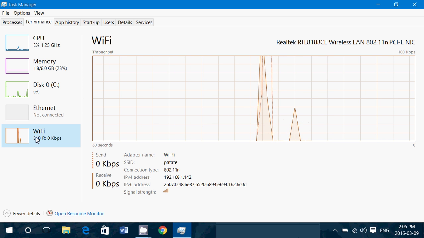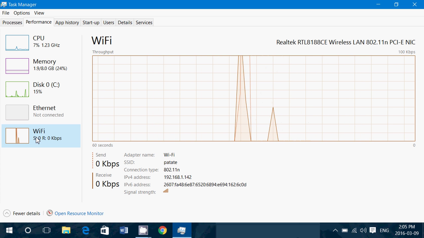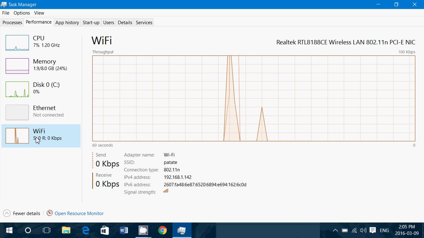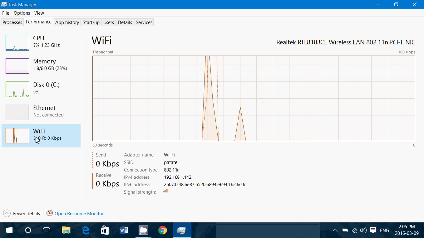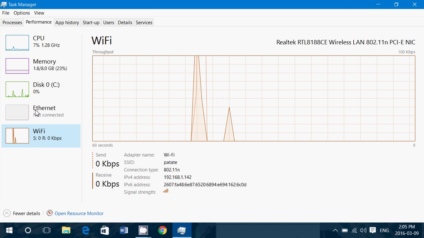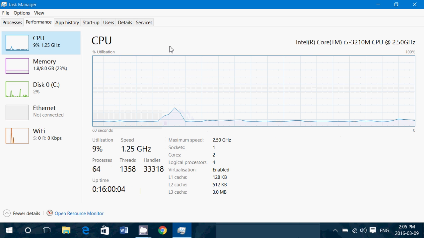You can check it out here. It will tell you if it's really using a lot of your Wi-Fi or Ethernet connection if you're connected with a wire. So this is very interesting information, and it can help you understand why a computer is slow or not by checking the different parameters of the CPU, memory, disk, Ethernet, or Wi-Fi.